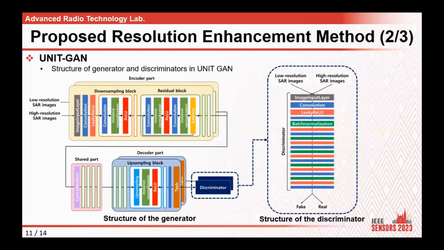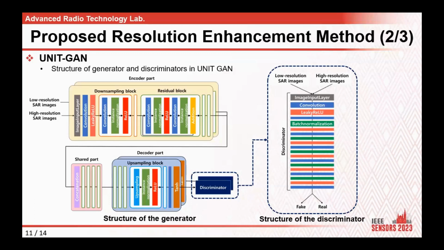This is the structure of the proposed UNIT GAN. The proposed network consists of one generator and two discriminators. Among them, the generator takes data from two domains as input and aims to learn the joint distribution for the two domains. As shown on the left, the generator consists of encoder parts, shared parts, and decoder parts.